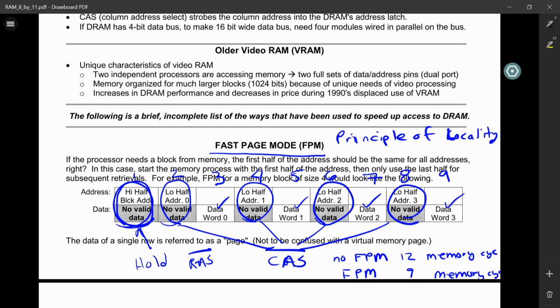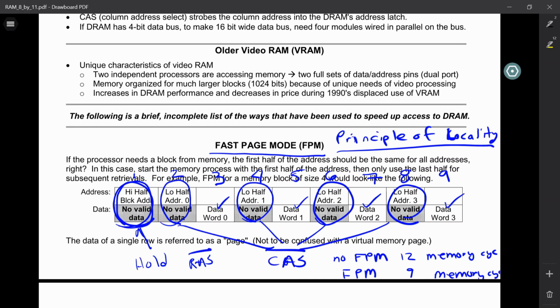Okay. Now, that's good, but remember, the principle of locality, especially when it comes to code, has a sub-principle, and that principle is referred to as sequential locality, and that particularly applies to our code.